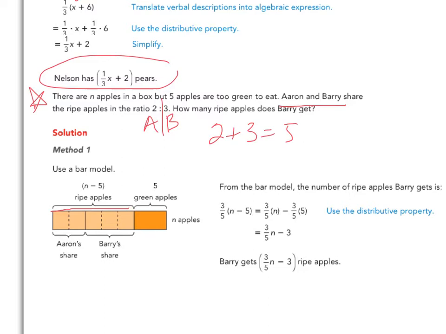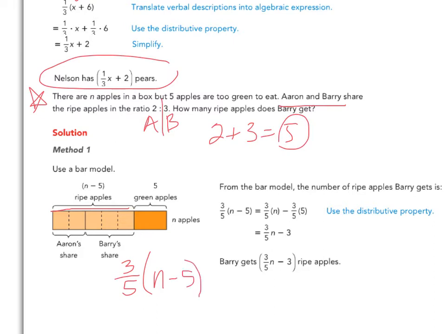Now it says, how many ripe apples does Barry get? Well, Barry's share is 3 out of the total 5, so 3/5 of n minus 5. Sorry, I need to make that a minus. So 3/5 of n minus 5.